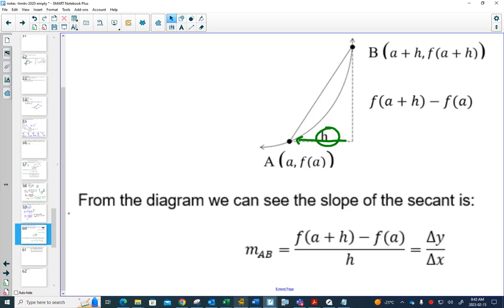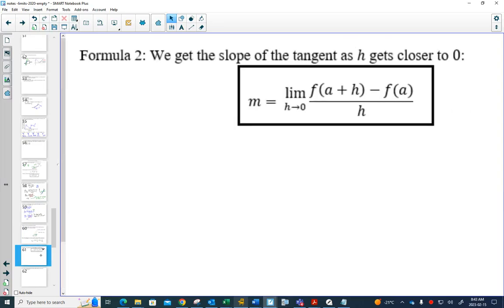And so we get our second formula for slope, which now says instead of the limit as x goes to a, it's just the limit as h goes to 0 of f of a plus h minus f of a, over h. And the a value is going to be that x coordinate at the specific point you want to find.